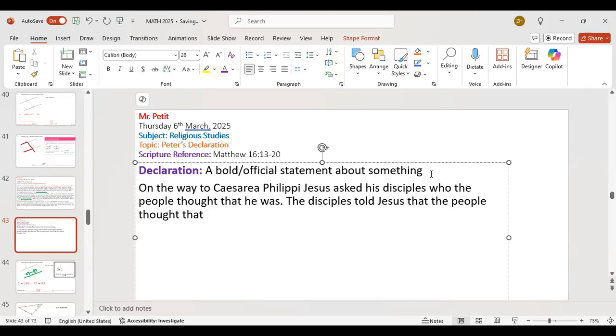Some people thought that he was John the Baptist, come back to life, right? Who else? Elijah, Jeremiah, or one of the other what? Prophets.